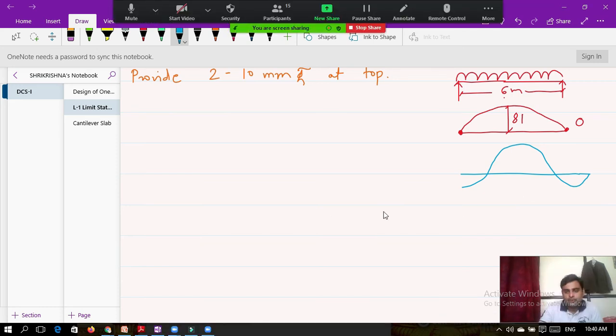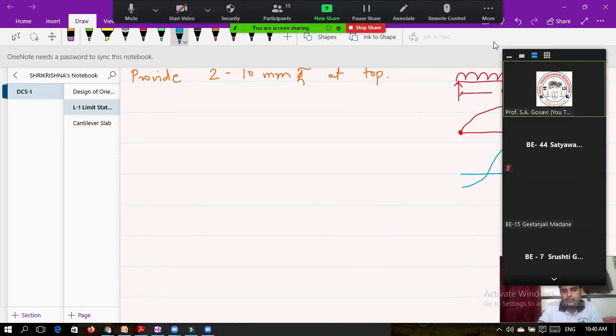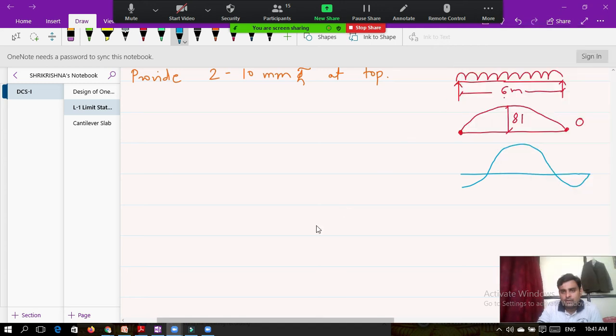Now here, if you see the actual bending moment diagram, then this bending moment diagram will be like this. This is the actual bending moment diagram. At the end the bending moment is not 0.